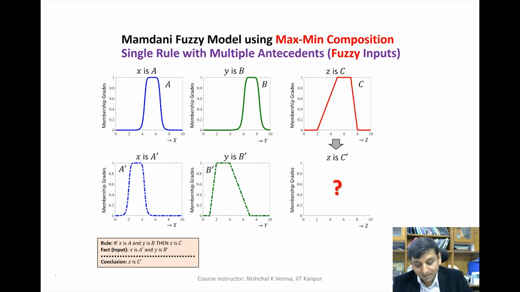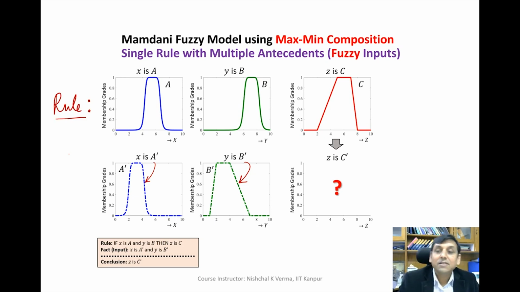You see here, A dash fuzzy set, B dash fuzzy set. Both the fuzzy sets are here. This was the rule which is already known, and this model, the Mamdani fuzzy model, when we apply this input, X is equal to A dash, Y is equal to B dash, let's see what it is going to produce.